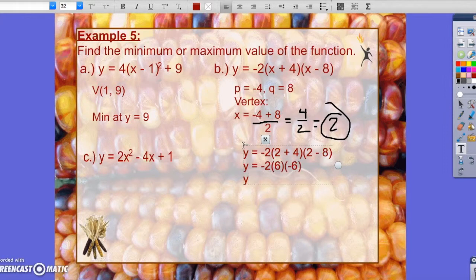I simplify them all first before I multiply across, and I multiply from left to right. I get 72. So my vertex is 2 comma 72. So what does that translate to? Since my A is -2, it's negative, which means it opens down, hence I have a maximum. So max at y equals 72 is my answer.